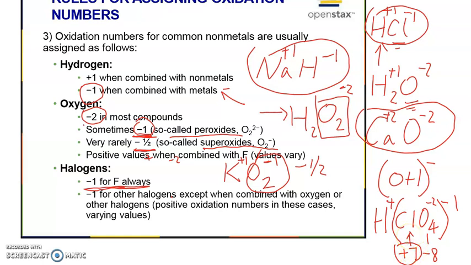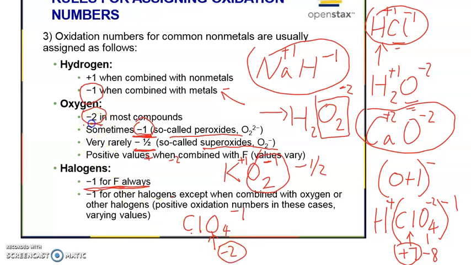Okay, let me repeat what I just said again. The halogens, most of the time, carry a -1 oxidation number. But when it combines with oxygen or other halogens, it is possible that it is not -1. And here is an example. When you have ClO4, and the whole thing is going to carry a -1 charge, what is the oxidation state for chlorine over here? For oxygen, it will be assigned as -2 because we follow the rule.